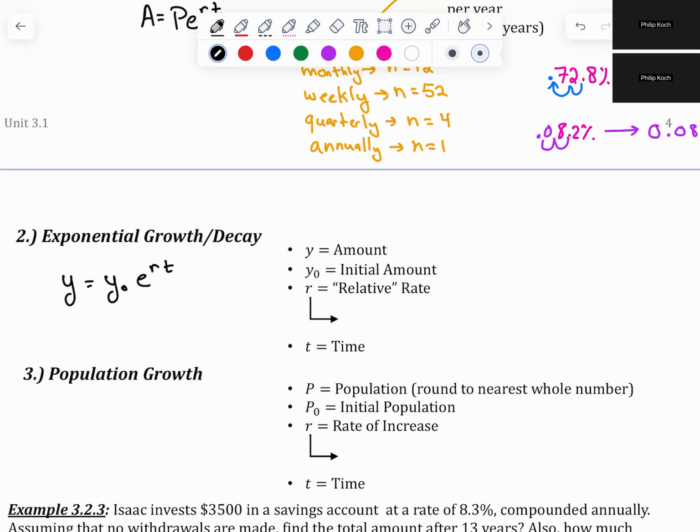Maybe it's some radioactive substance that's growing for whatever reason, or maybe it's got a radioactive decay, in which case you're measuring mass, you're measuring grams or milligrams or whatever it may be. And then y sub 0 or y naught is your initial amount, the starting amount of your compound or whatever it may be. R is your relative rate in decimal form.